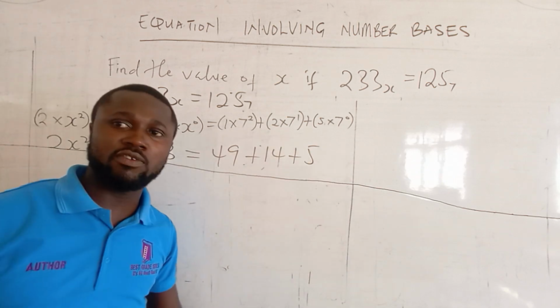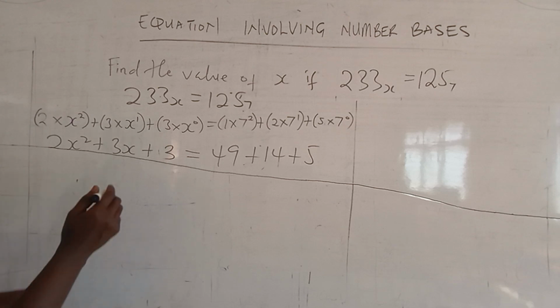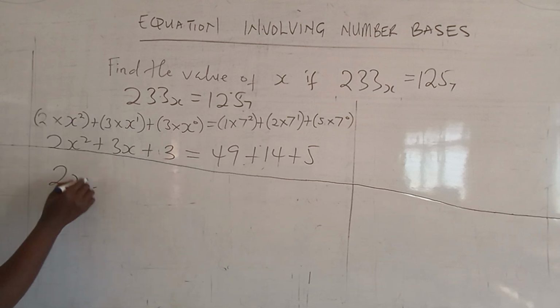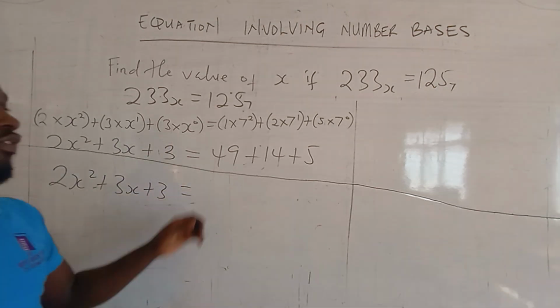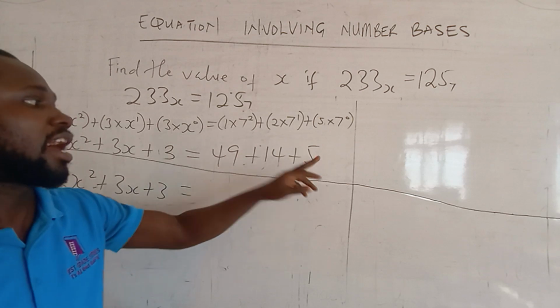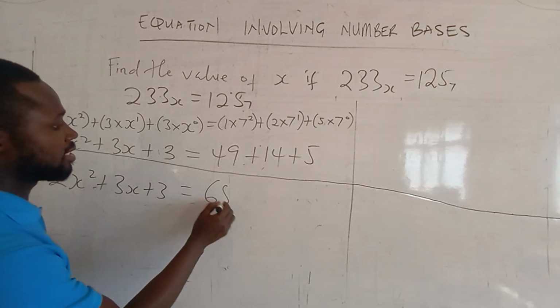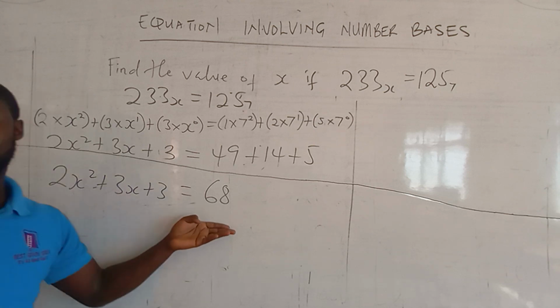So 1 times 5 is giving us 5. The same here, 1 times 3 giving us 3. Okay, so we continue. 2x squared plus 3x plus 3 equal to 49 plus 14 is giving us 63, plus 5 is giving us 68. So we have 2x squared plus 3x plus 3 equal to 68.